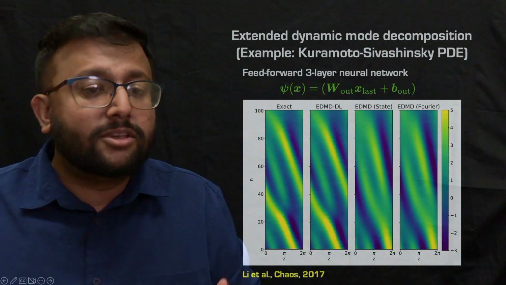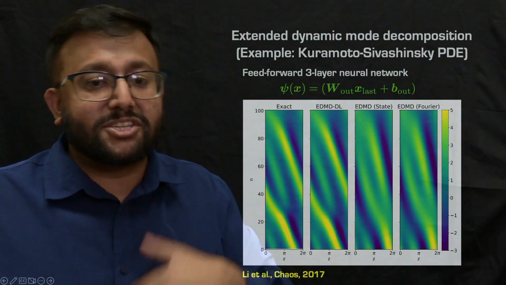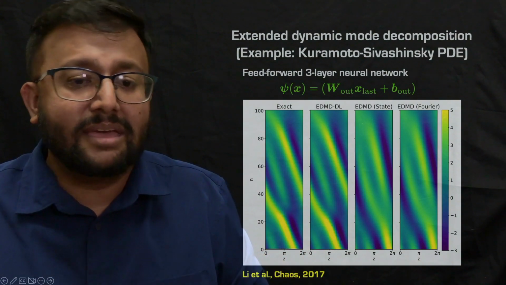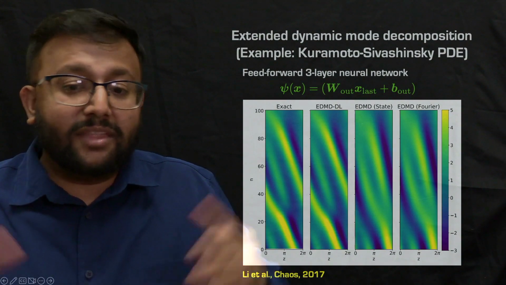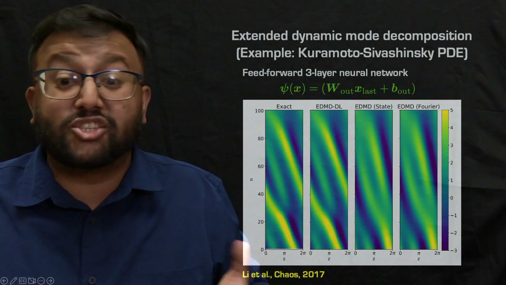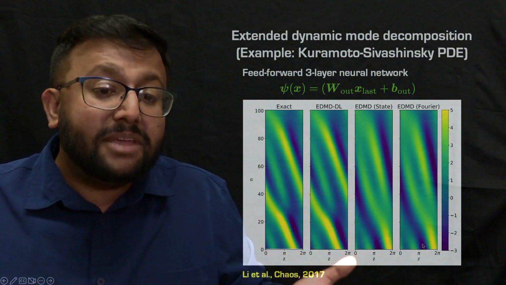And what we see is, clearly the eDMD-DL, which is this neural network-based DMD, outperforms both the other approaches. In fact, the other techniques don't pick up the fine scale structures of the solution, and the eDMD with the neural network does.